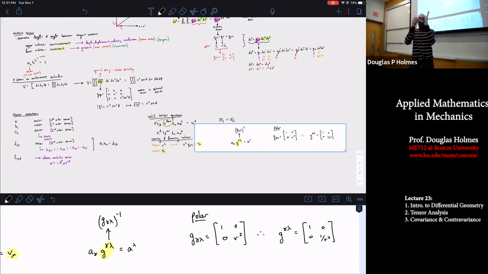So we have our vector, and then we find something that's perpendicular to our basis vector to calculate the components in that direction. That's the way we calculate contravariant components of a vector: we project that vector perpendicular to the basis vectors.